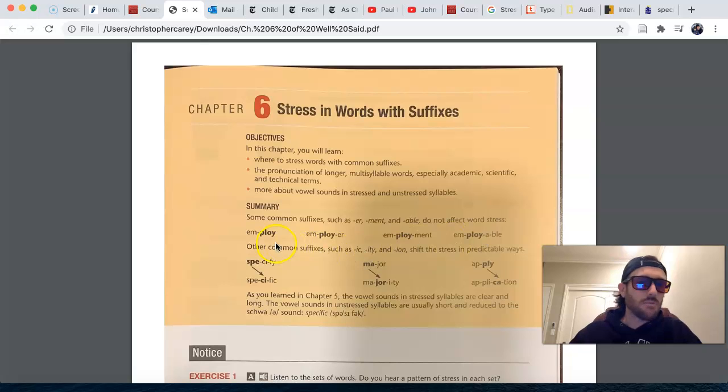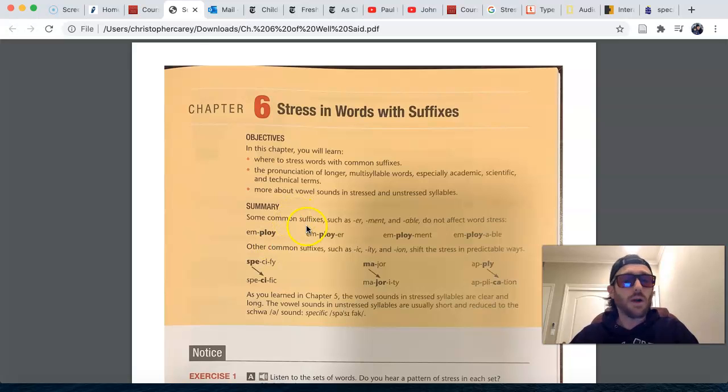So you can see different parts of speech changed by the suffix that's added to the root word, which is employ, but none of these suffixes change or affect the word stress. The ploy syllable continues to be the strong syllable.